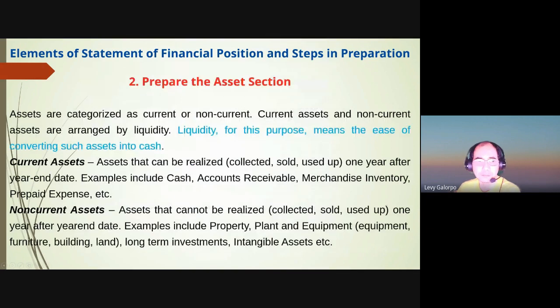Assets are categorized as current or non-current. Current assets and non-current assets are arranged by liquidity. Ano ba yung liquidity na tinatawag? Liquidity for this purpose means the ease of converting cash or such assets into cash. Syempre yung cash, asset na yan. Paano yung iba? Accounts receivable, merchandise inventory.